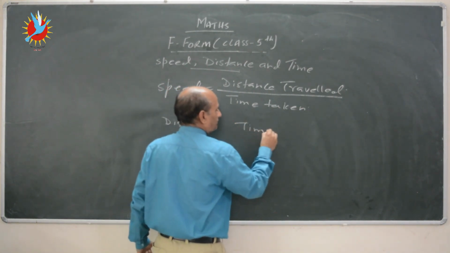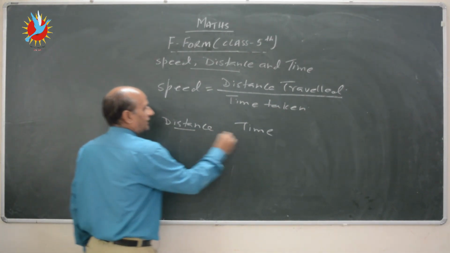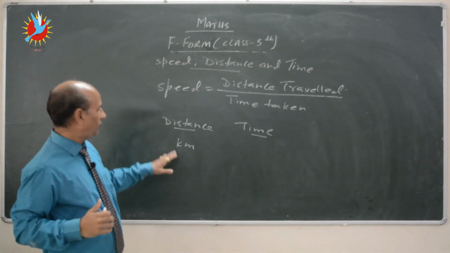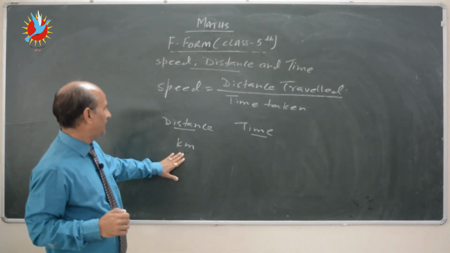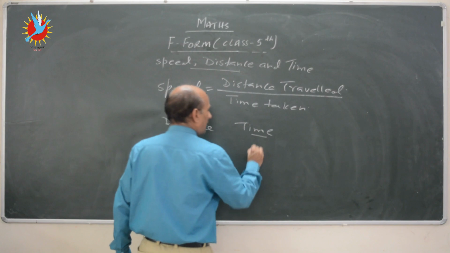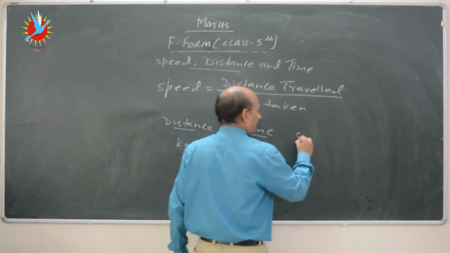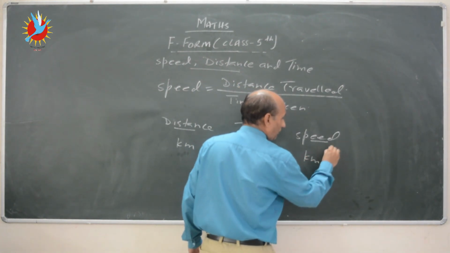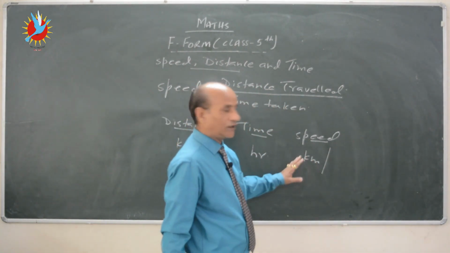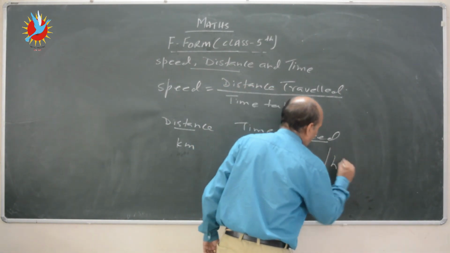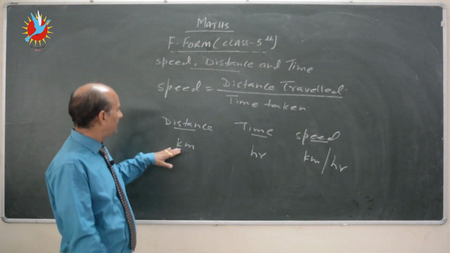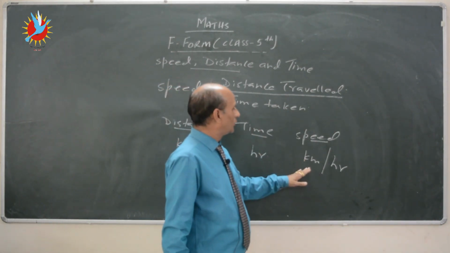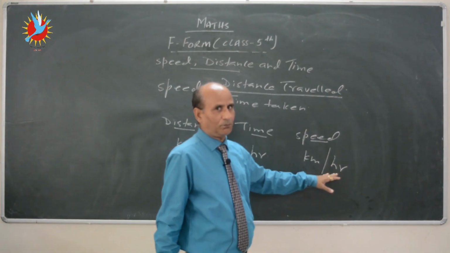If distance is in kilometer, km for kilometer, then time must be in hours, and in that case speed is kilometer per hour. This line is called per.